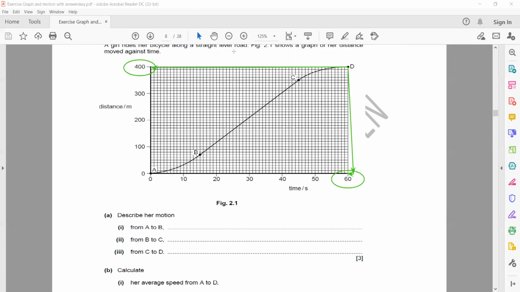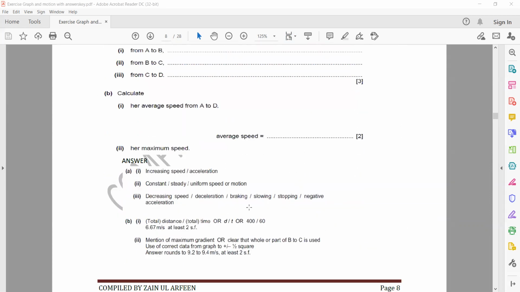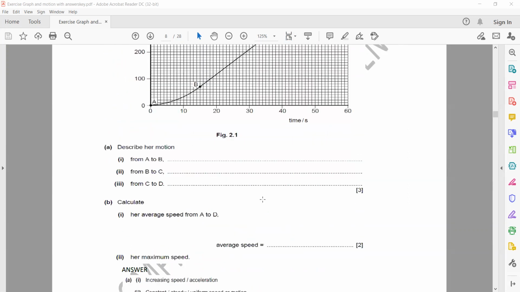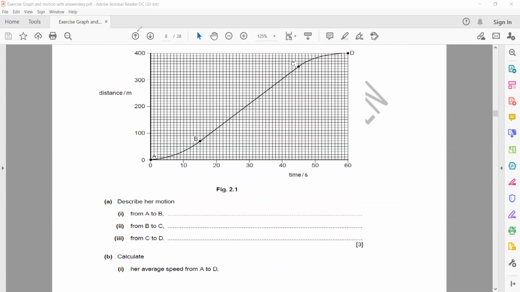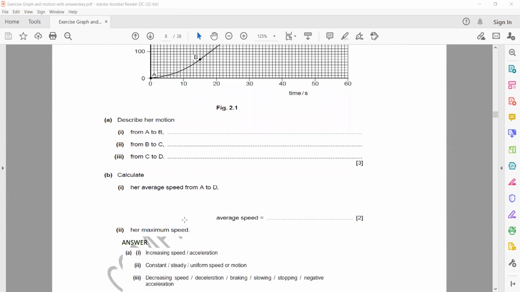So the average speed will come out as 400 divided by 60, total distance divided by total time, which is about 6.67 meters per second.